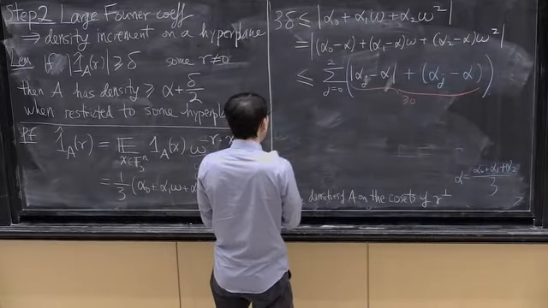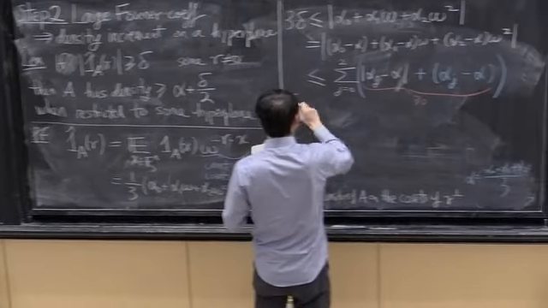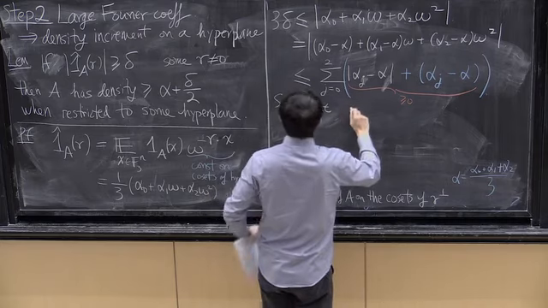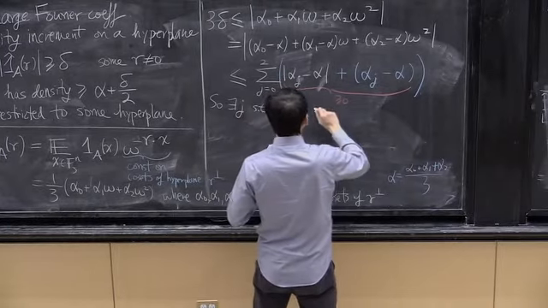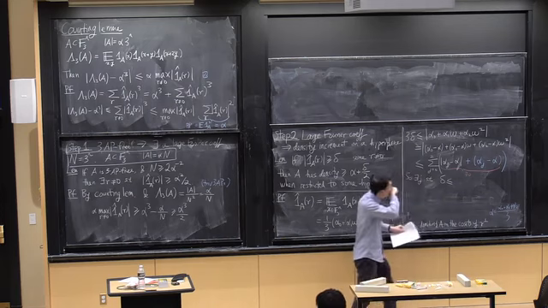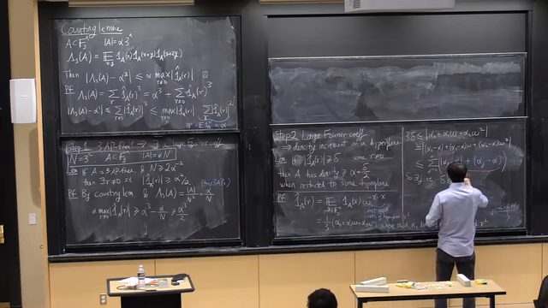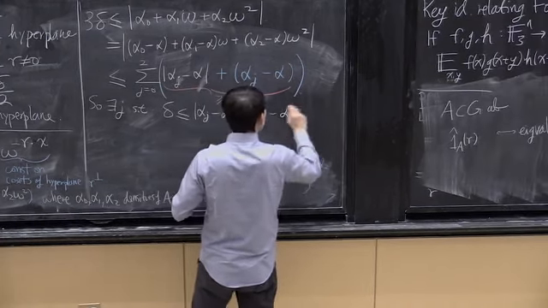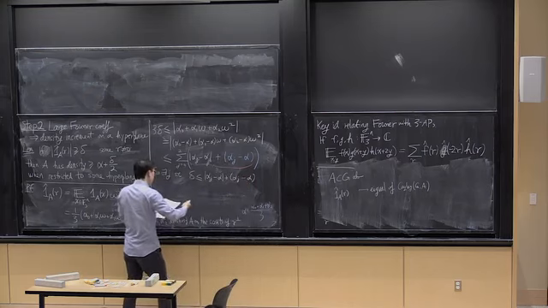So there exists some j such that delta lower bounds the jth summand. And if you look at what that means, then alpha lower bounds the jth summand. So in particular, this sum here should be non-negative.